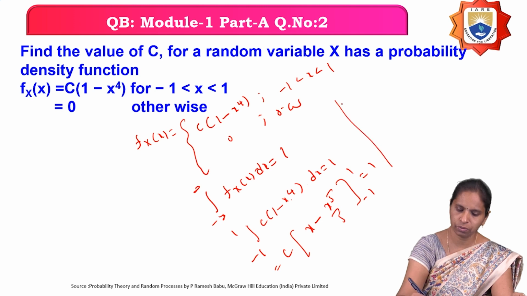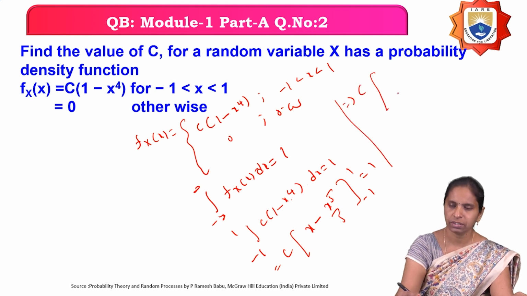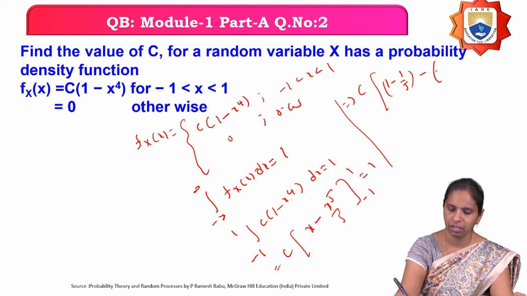Now that equals c into, substitute the upper limit. What happens here? 1 minus 1 by 5, minus, in place of the lower limit, minus 1. So minus of minus we get plus, so plus 1 by 5 is equal to 1.